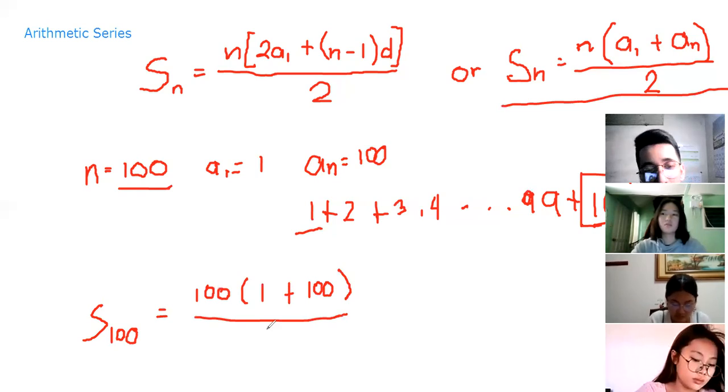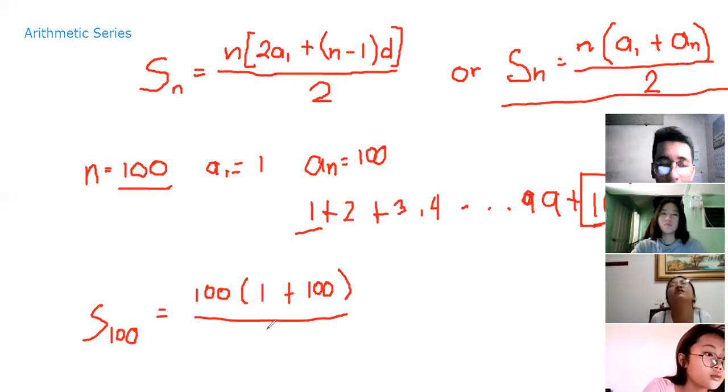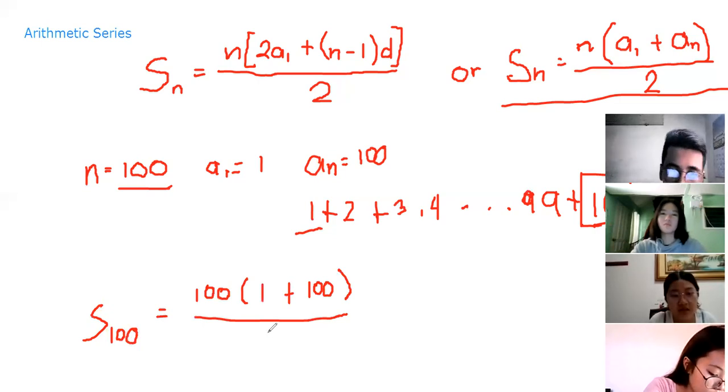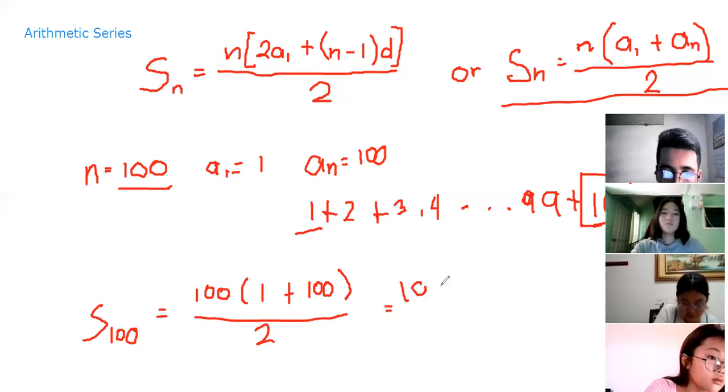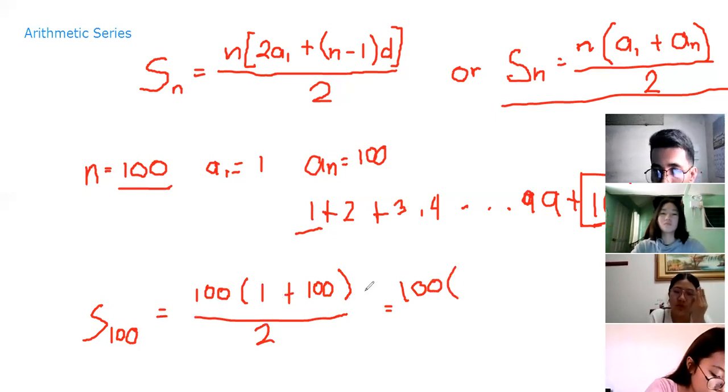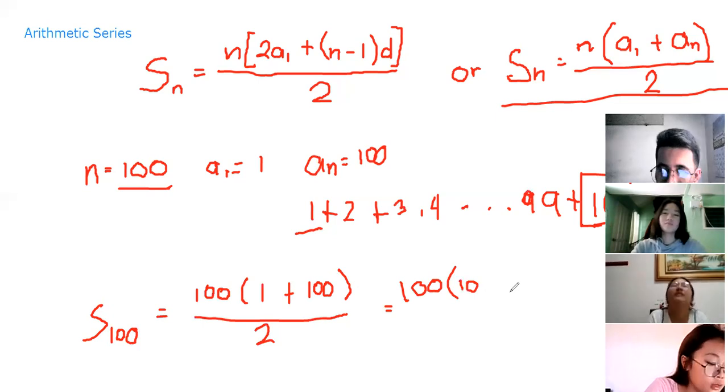Tama ba? First term, second term, up to 100. Tama, 100 nga yung ating term. 1 plus 100, that is 101, then over 2.